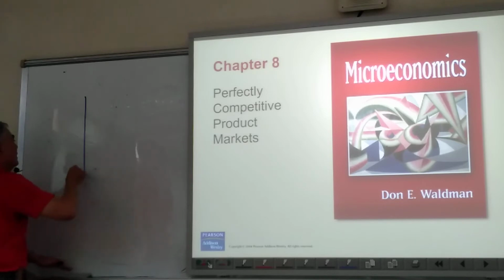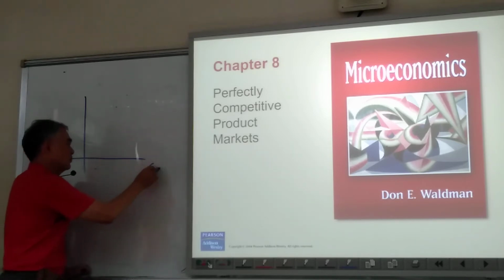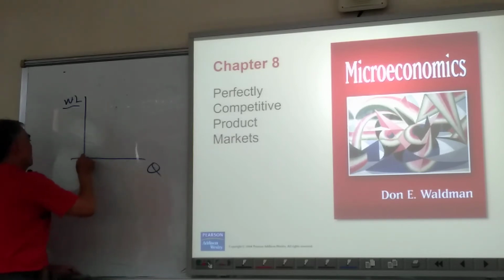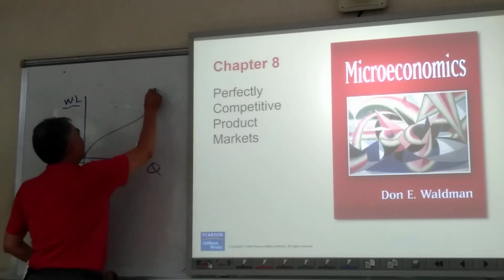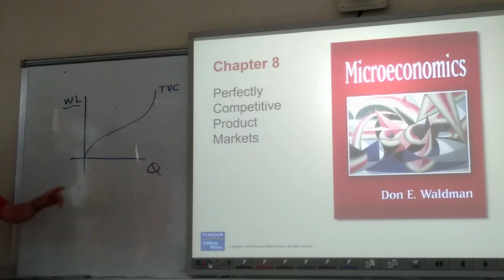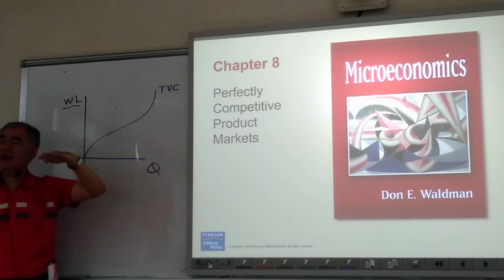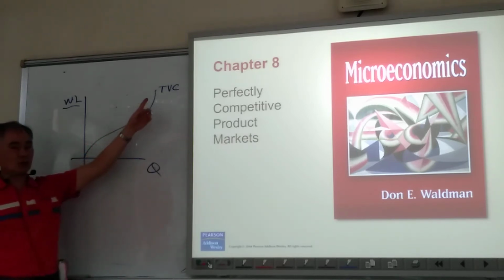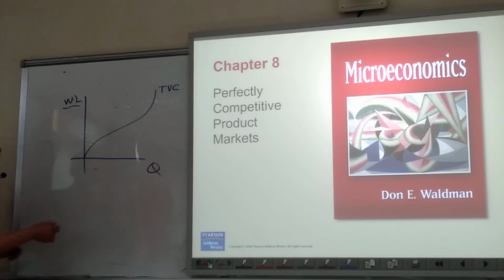Okay, so now here is quantity of production, and here is the cost. Originally, we say it is L, right? And then times W, so it means it is cost, okay? So the cost curve would be like this. In the short run, okay? In the short run, you have fixed cost and variable cost. So here is TVC, total variable cost.